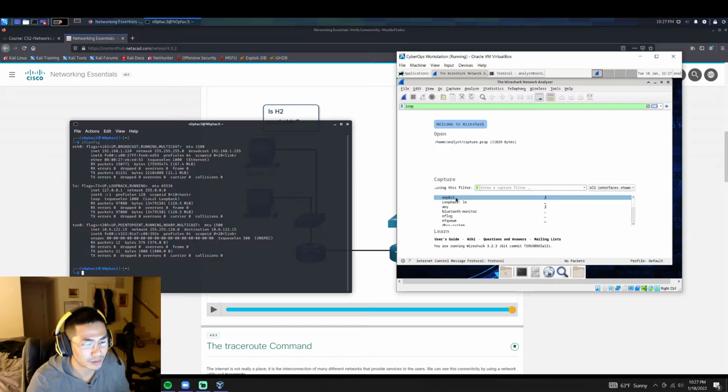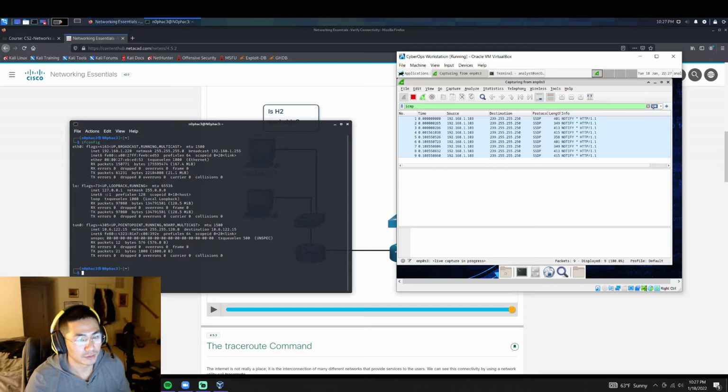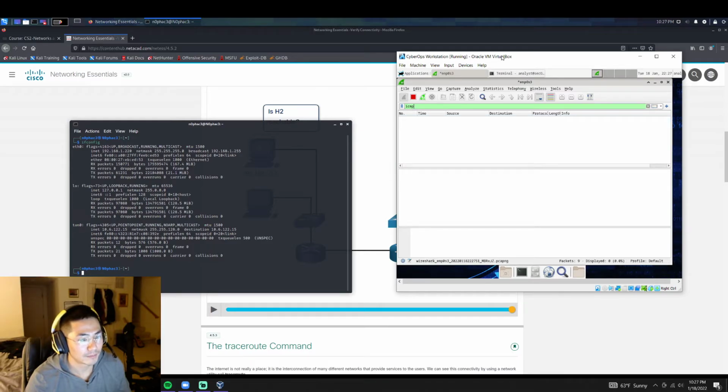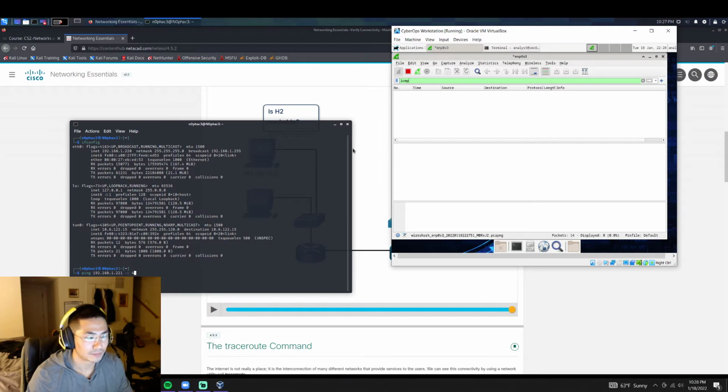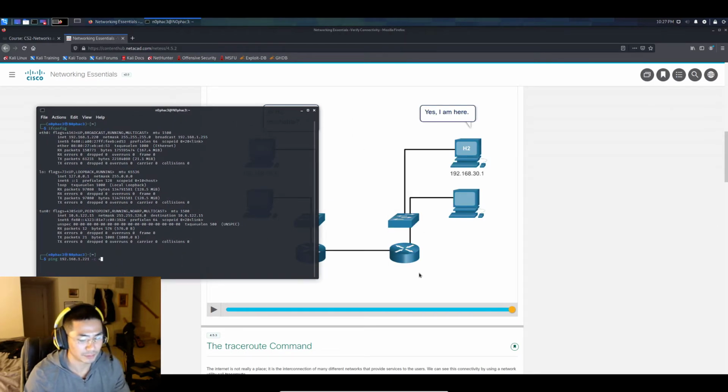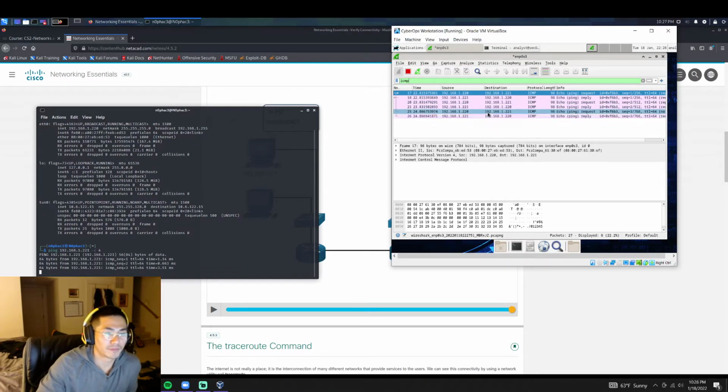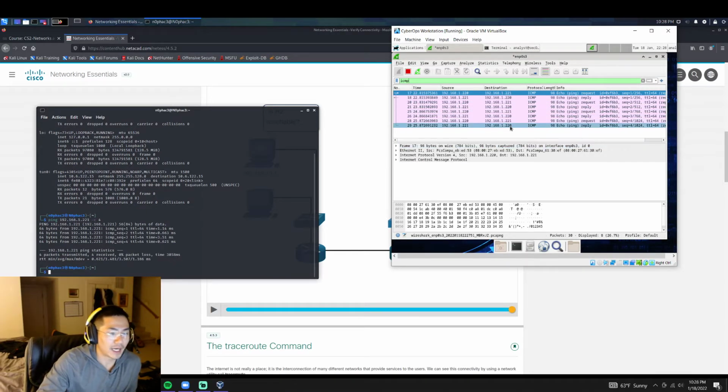Let me make sure I click this, and I'm going to filter for ICMP, and let me just go ahead and ping 192.168.1.221, and let me just give it a count of 4. So let me go ahead and run that command, and we can see that I have connectivity.